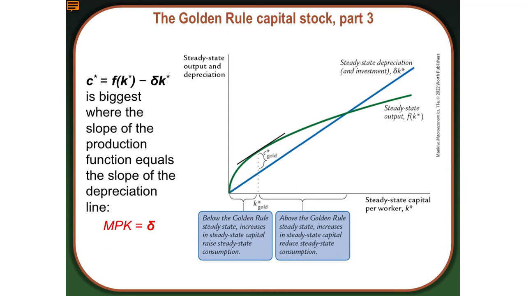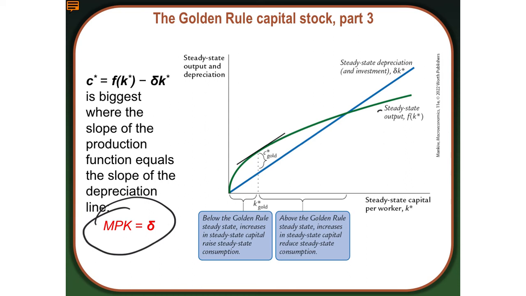And so this diagram just cleans up the presentation a little bit. If we just simply look at our production function and our depreciation line, we can see that, again, we're looking for the biggest gap here. So our golden rule level of capital is going to be the point where the slope of the production function is equal to the slope of the depreciation line, and that's going to be where the marginal product of capital is equal to delta.